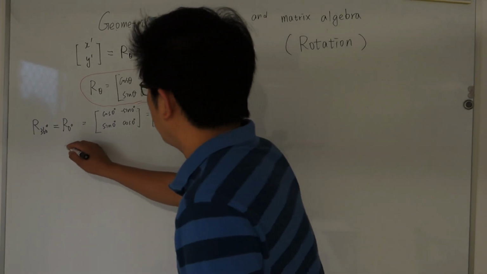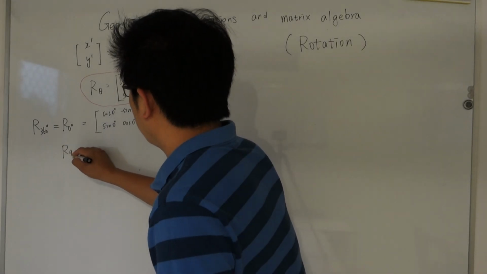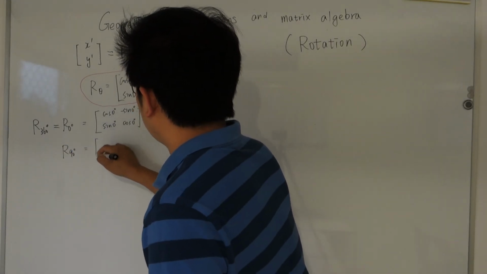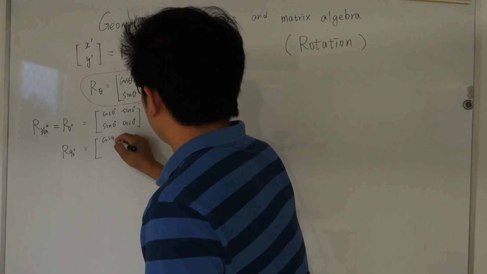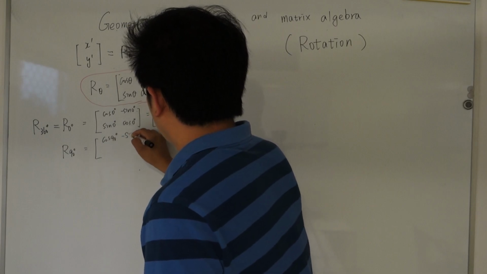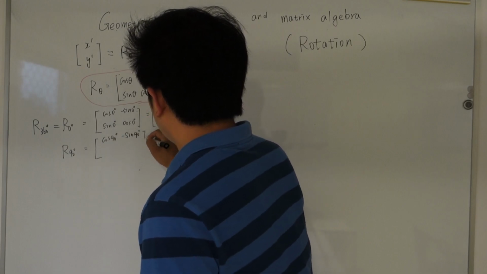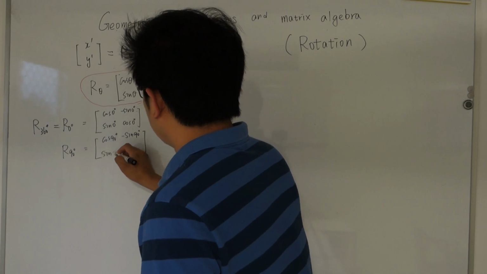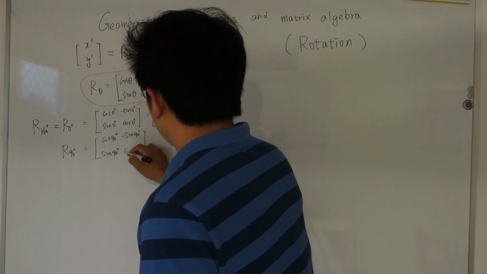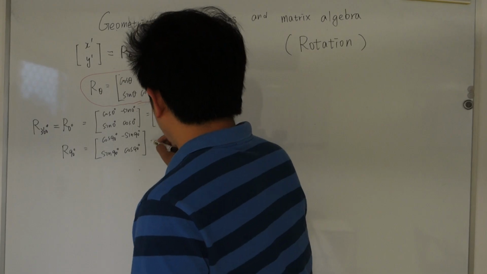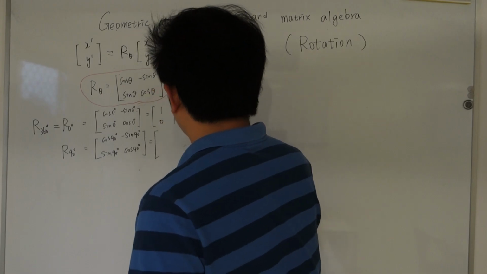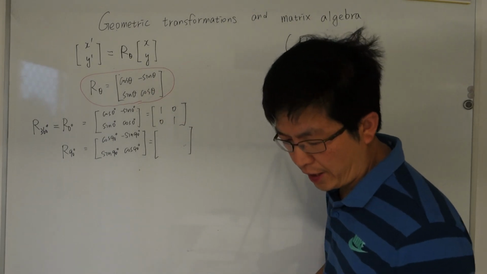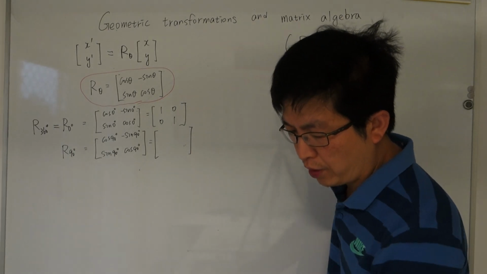Okay, how about rotate 90 degree? So equal to cosine 90 degree, negative sine 90 degree, sine 90 degree, cosine 90 degree. So cosine 90 equal to how much?